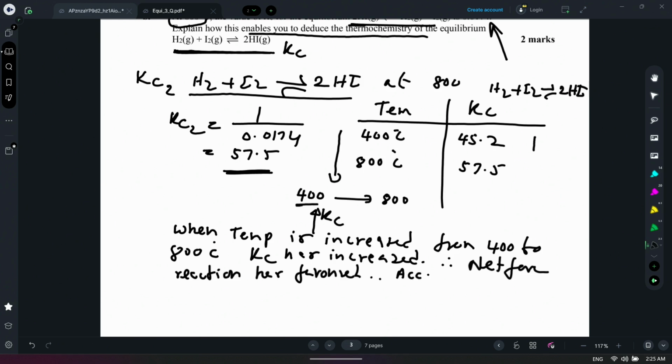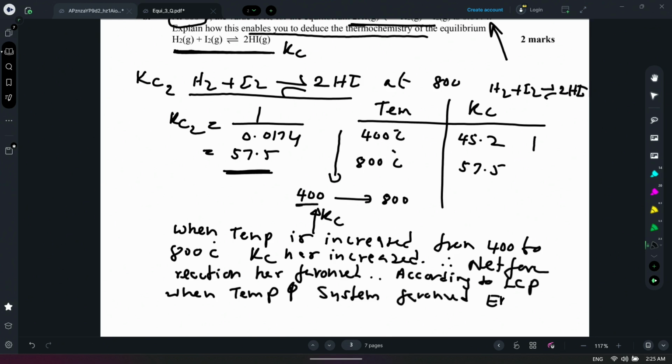According to LCP, when temperature is increased, the system favors the endothermic reaction. Therefore, the forward reaction is endothermic.